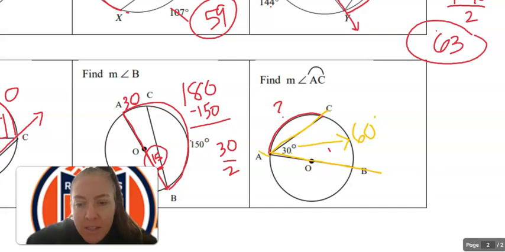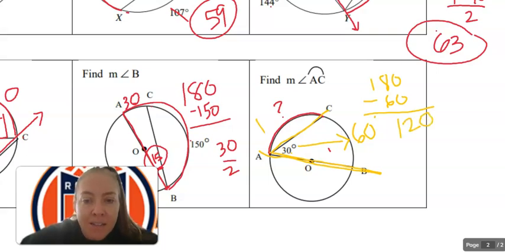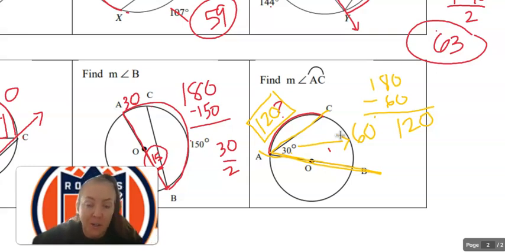And I noticed that this diameter goes through the center. So AB is a diameter. That means half of this circle is 180. So if the whole part is 180, we can take off the 60 that we know, and that leaves us with 120. Now, it doesn't look like it's drawn to size, and that's okay. Mathematically, we know that that arc has to be 120.